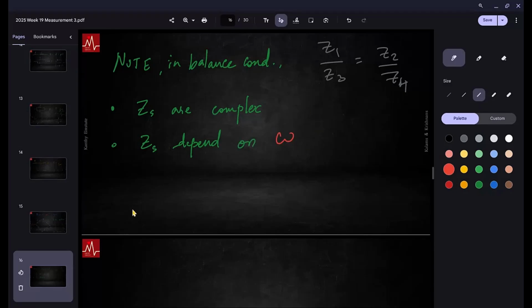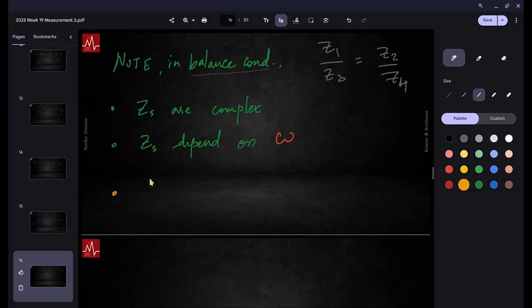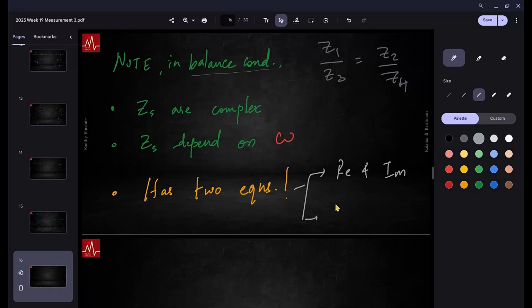And this balance condition, technically it's not one equation. It has a real part and an imaginary part. As two equations. Look at it in two ways. One is real part and imaginary part should balance, or the amplitude and phase should balance.